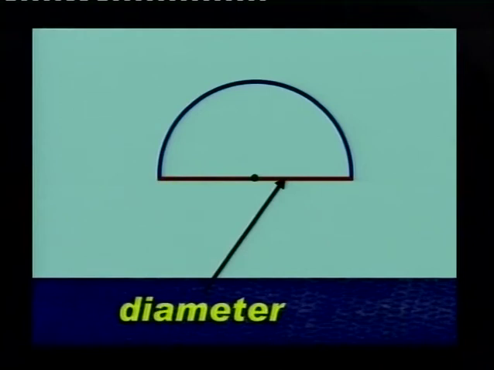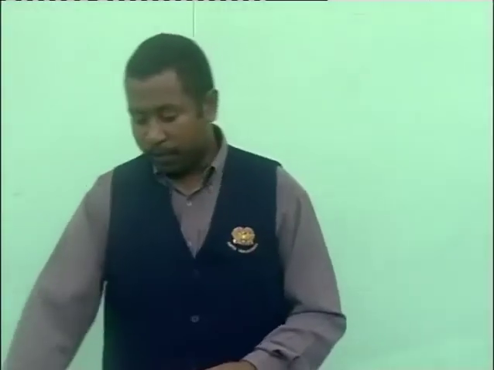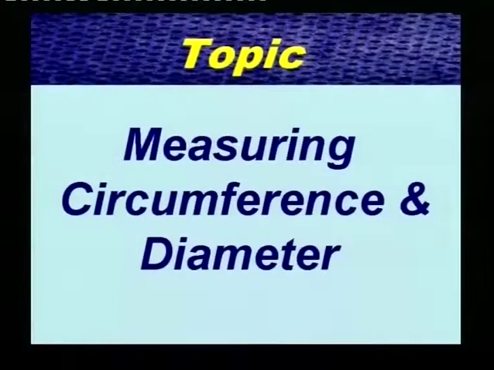The chord that passes through the center is known as the diameter. Now, in today's lesson, our lesson topic is on measuring circumference and diameter. We are going to measure those parts of a circle that we all know, the circumference and the diameter.